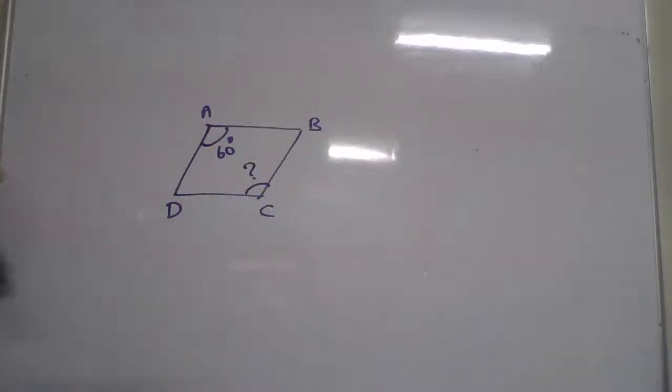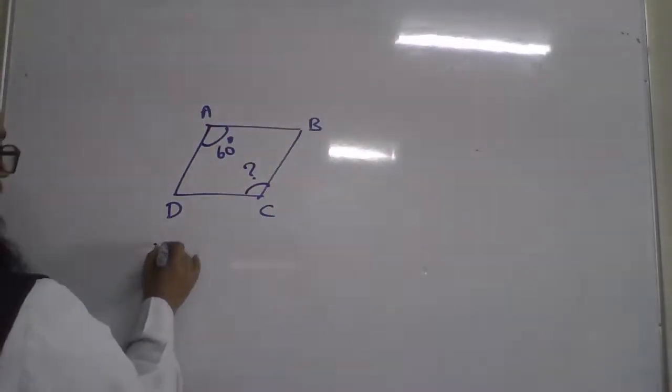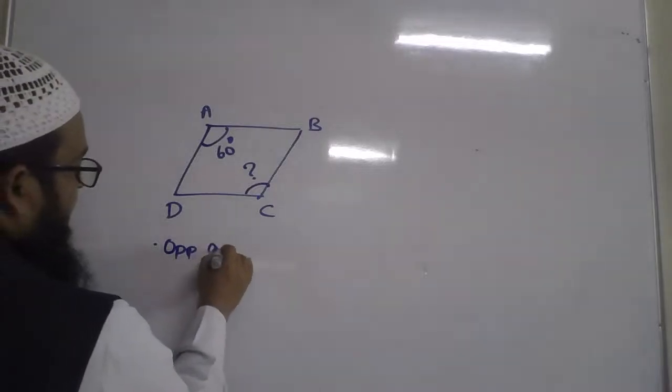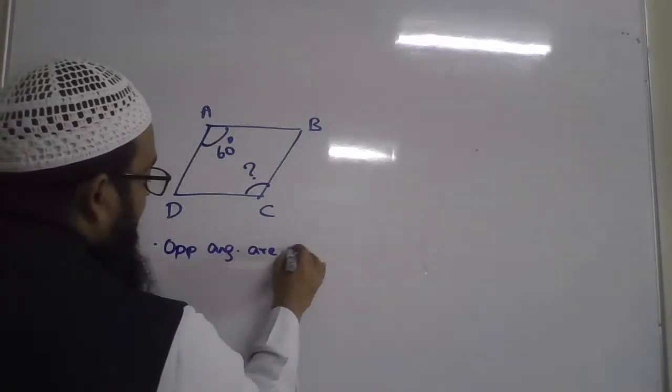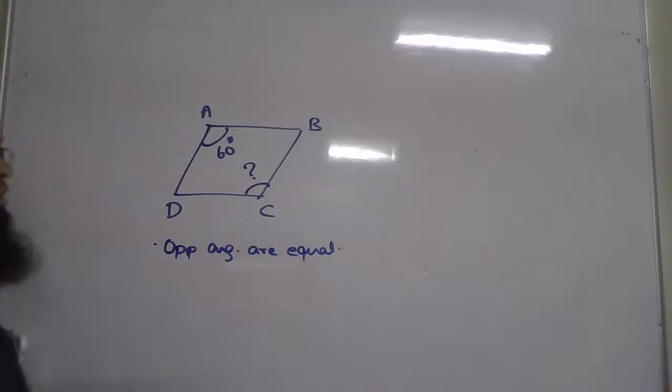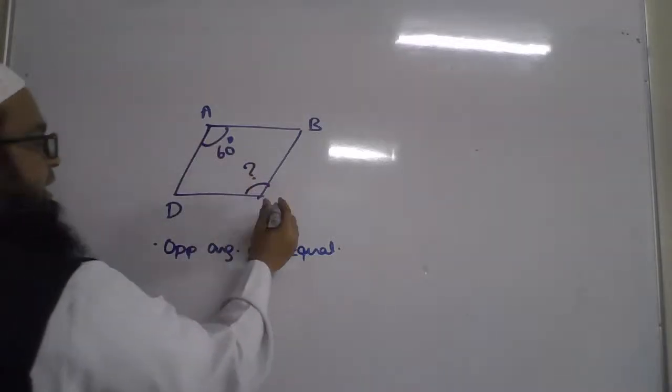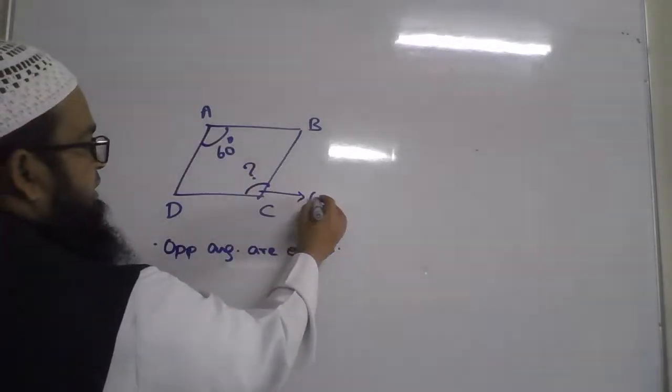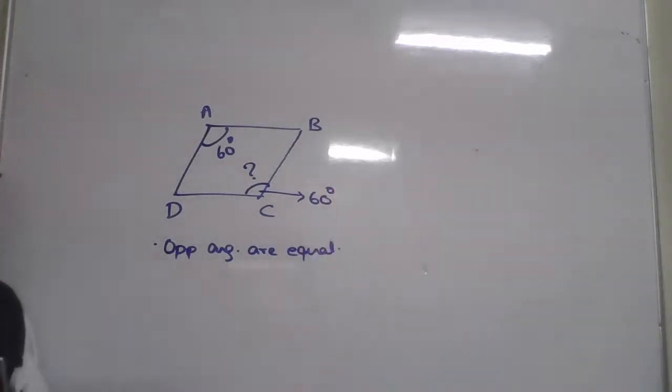Yes, good. What is the concept over here? Opposite angles are equal. So therefore angle A and angle C are equal, so angle C is equal to 60 degrees.